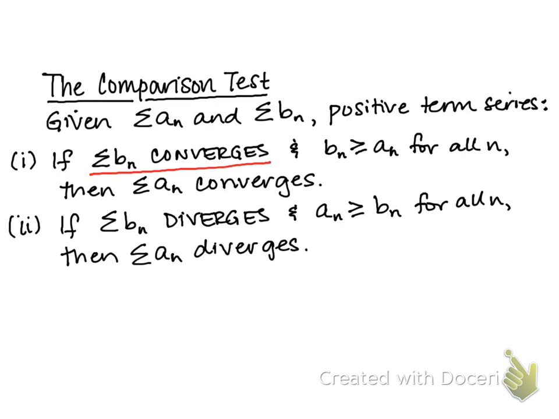And again, this makes sense. I have a series that diverges. I have another series in which every single term is bigger than each term in my given series. Well, if this diverges, this must also then diverge.